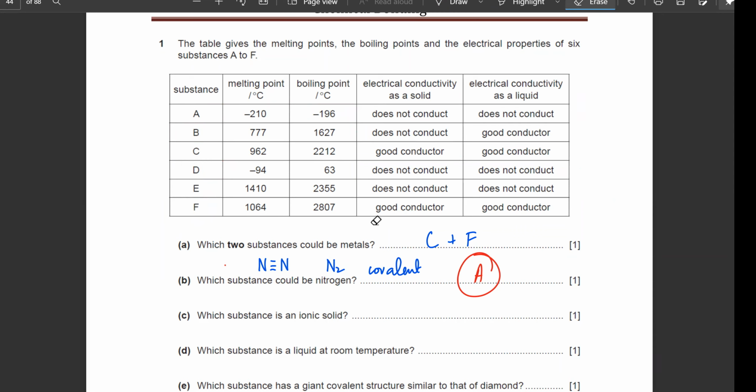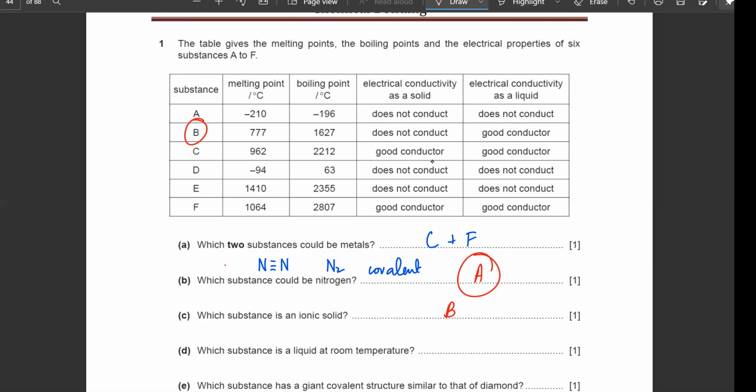B, I said B. Okay, B. In solid it's not going to conduct, but otherwise it's going to be a good conductor, and it's going to have high melting points. Ionic compounds always have high melting points. Anyone else? No, nobody else. That's the only option, B.